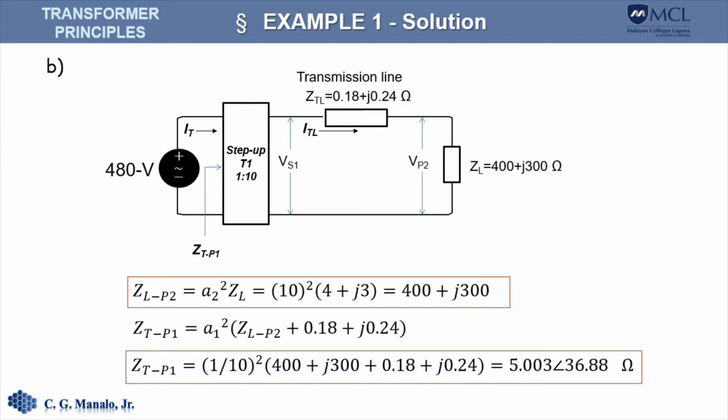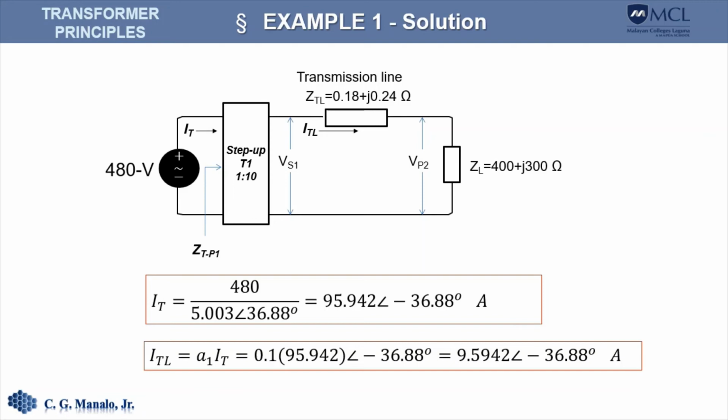So the previous slide is shown here again with the load and the second transformer replaced by this impedance. So now that we know that the generator is simply connected to a single impedance, this is our generator here.